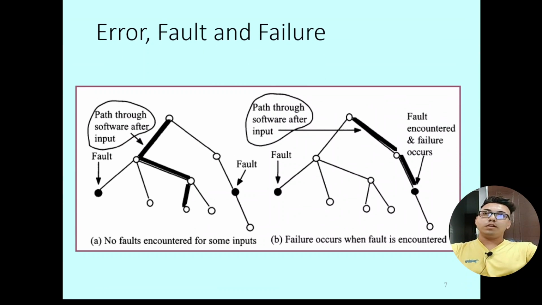So there are error, fault and failure. You can see in the graph that there is no fault encountered for some inputs, and a failure occurs when a fault is encountered.